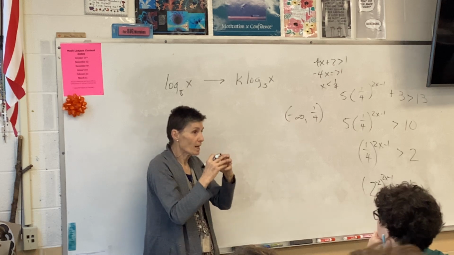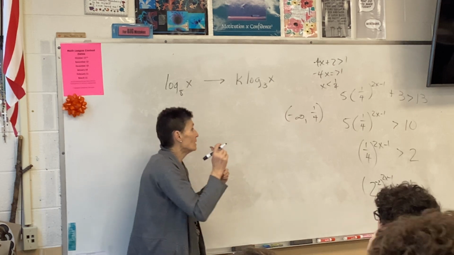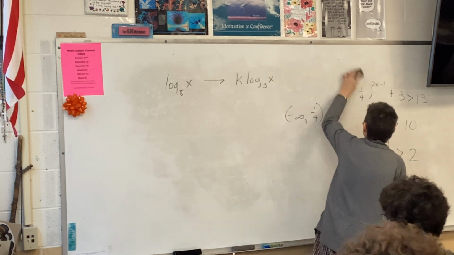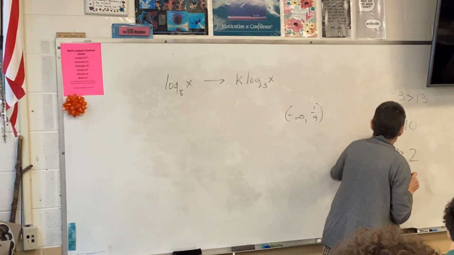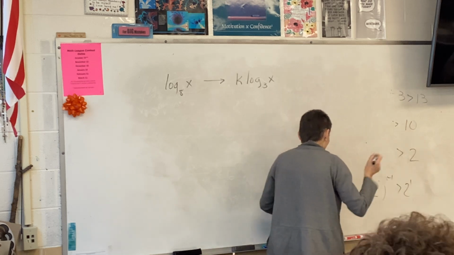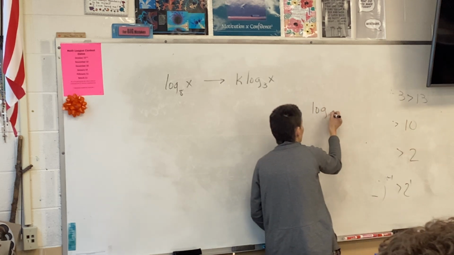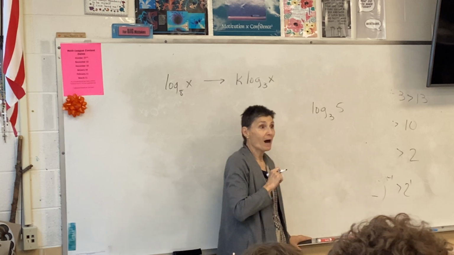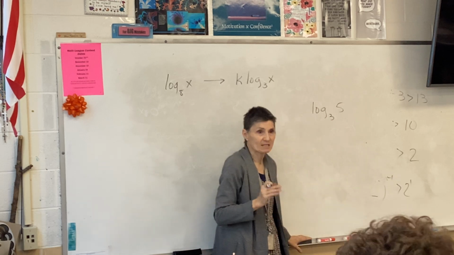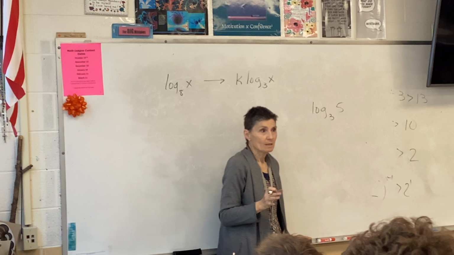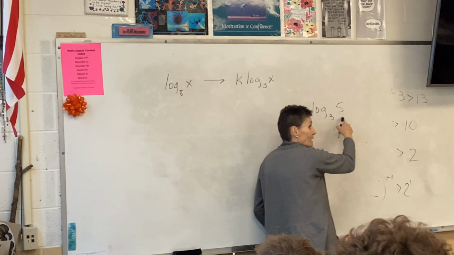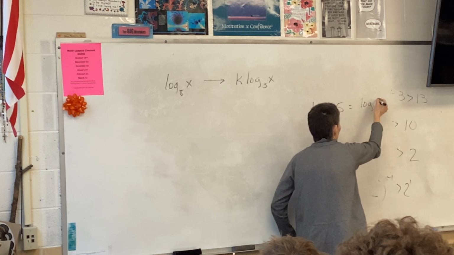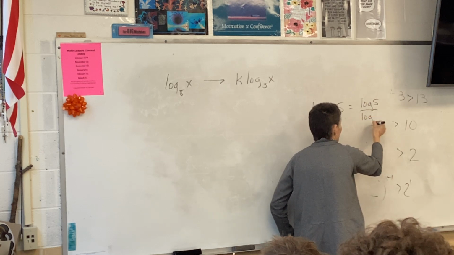Remember your change of base. If somebody for some reason needed the log base 3 of 5 on my calculator, which doesn't have any special buttons, I can change that base and say, okay, this is equal to the log of 5 over the log of 3.